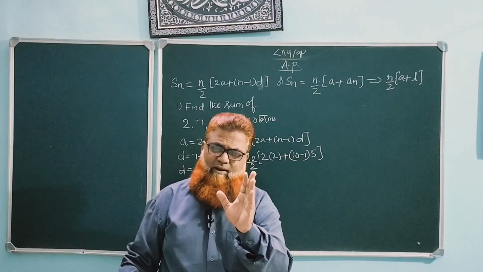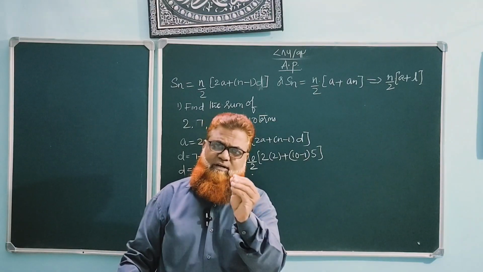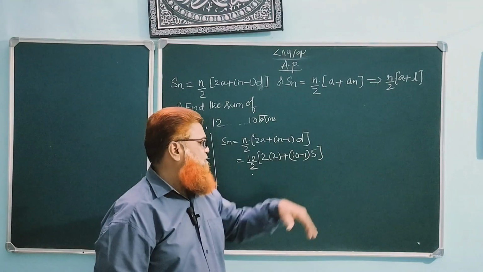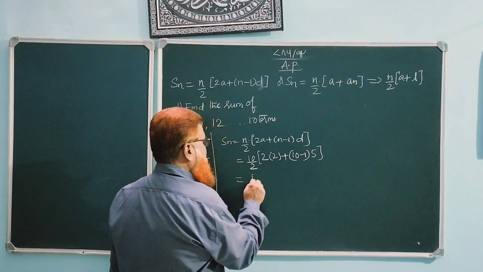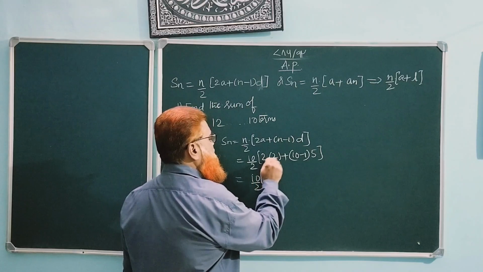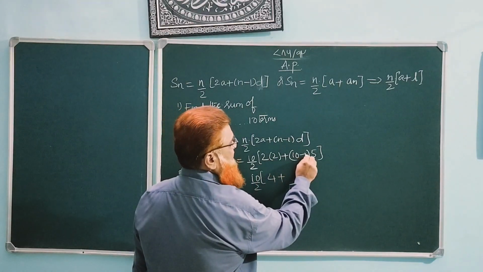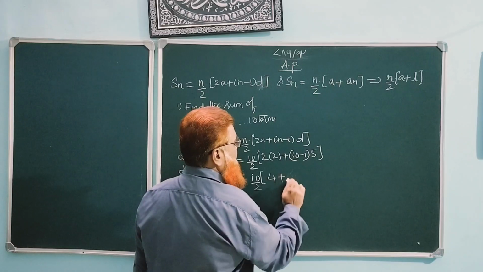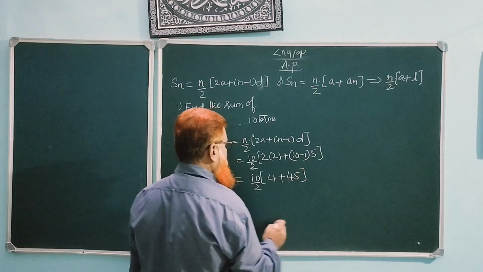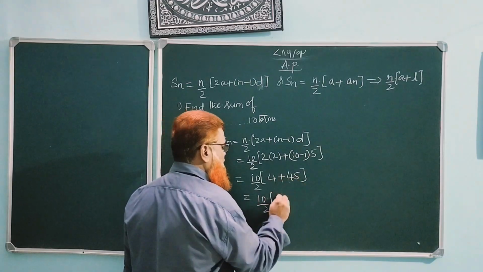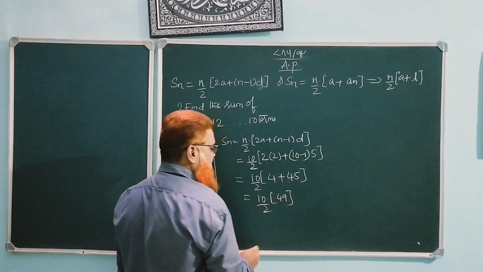If you have learned the BODMAS rule well, you can easily see that you first simplify the bracket. 2 times 2 is 4, plus the bracket 10 minus 1 is 9, and 9 into 5 is 45. So 45 plus 4 is 49.